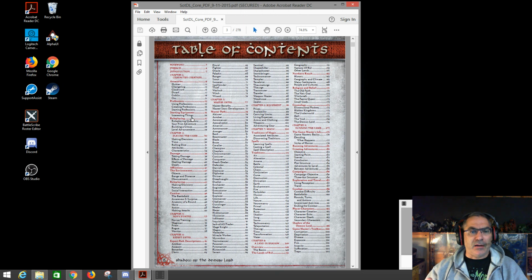Shadow of the Demon Lord uses a starting equipment table, and you roll on it to determine how well off you are, which determines how much you start with, equipment-wise. So it goes everywhere from being destitute to being very well off. And I forget the terms off the top of my head, which are deeper in the book.